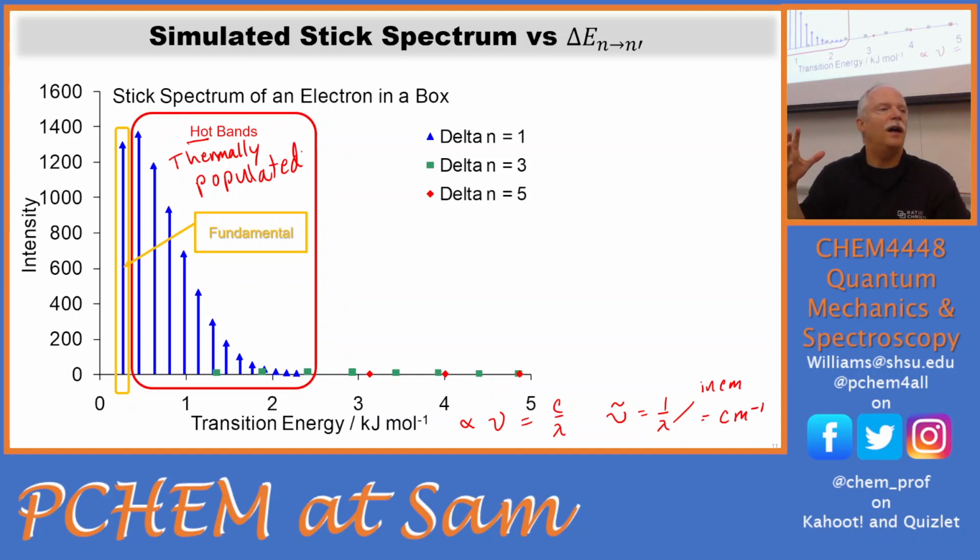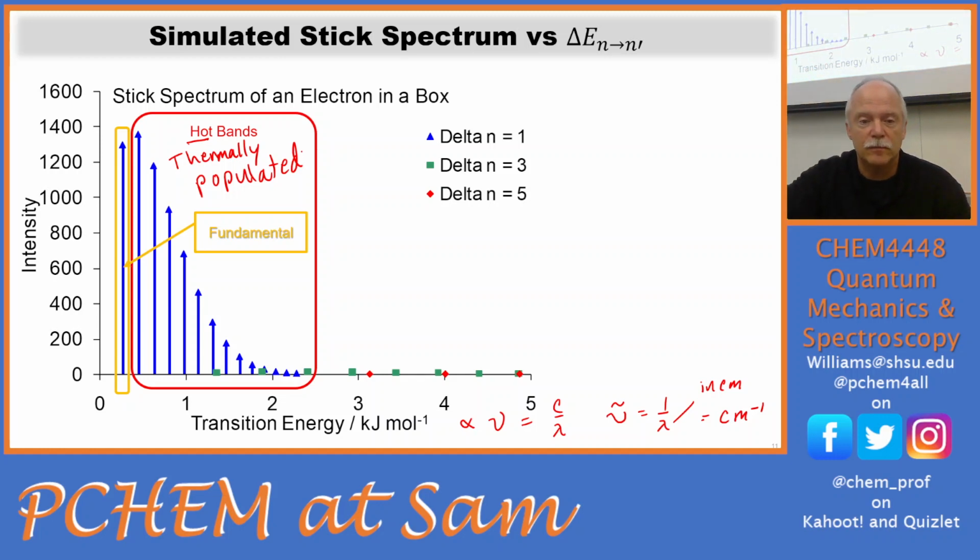This is also why our spectroscopy gets a lot cleaner when we cool things down. And sometimes we'll do spectroscopy at cryogenic temperatures, liquid nitrogen temperatures, or even liquid helium temperatures, because it gets rid of all of the hot bands, and you just have a single fundamental.